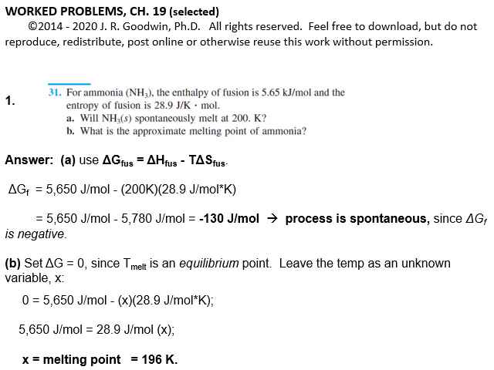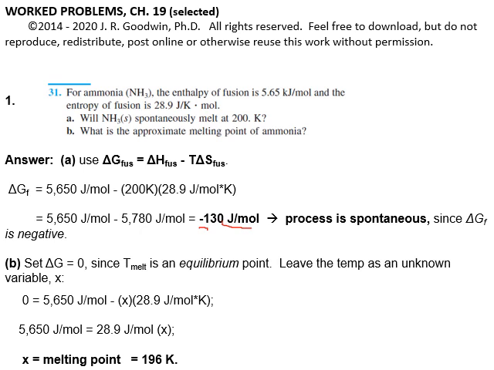Then just go ahead and do your math, and you come up with an answer of minus 130 joules per mole here. Let me just underline this. Because of this negative sign, this process will be spontaneous. Okay, so that's all you have to do. Just see if it's negative or positive.